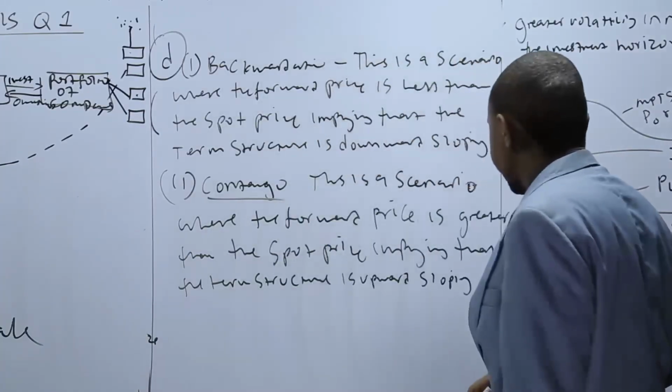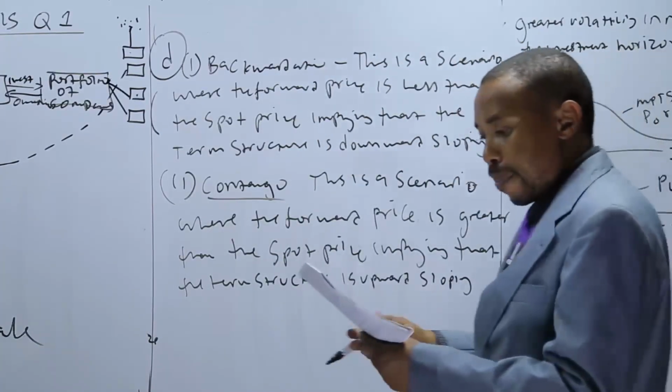It's upward sloping. Now that is part 1 there.